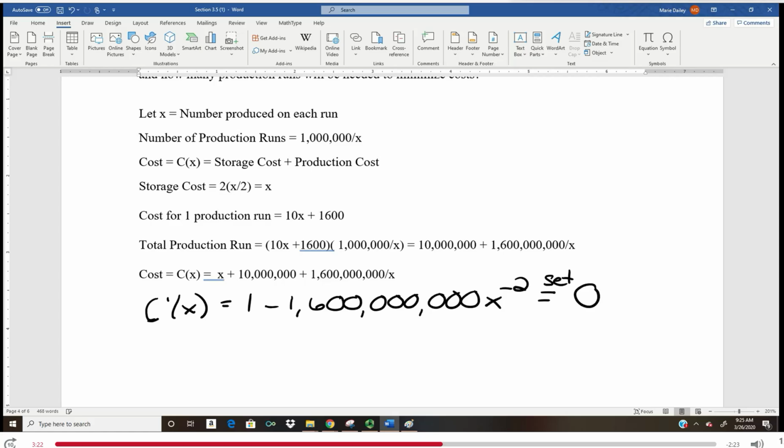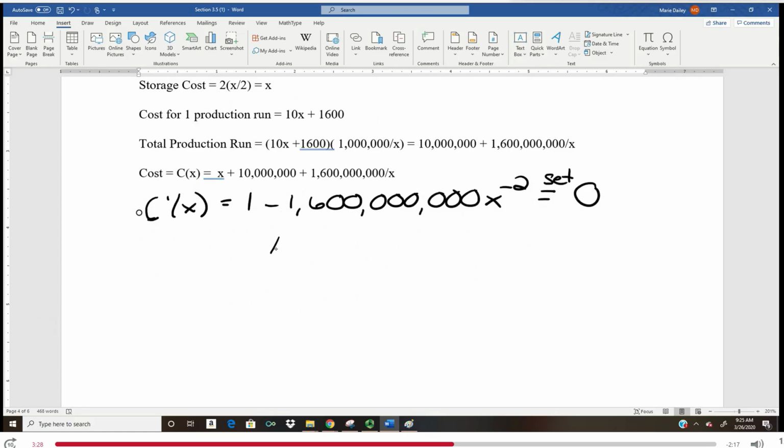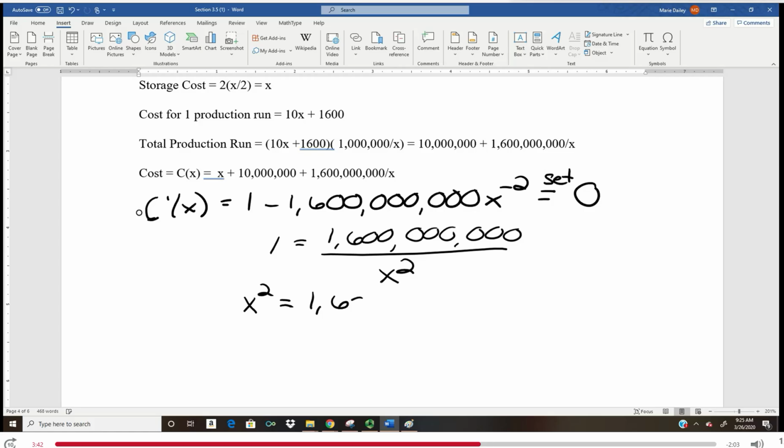And of course, we're going to set that equal to 0. Again, our maxes and mins can only occur at critical values. So we're going to solve this for X, multiplying both sides by X squared.